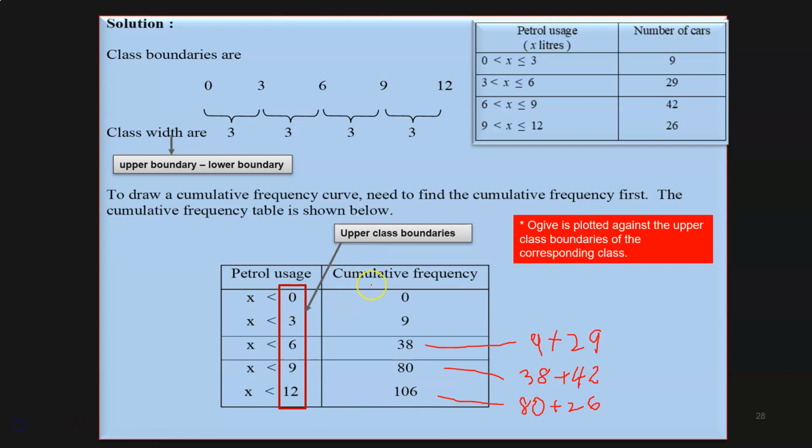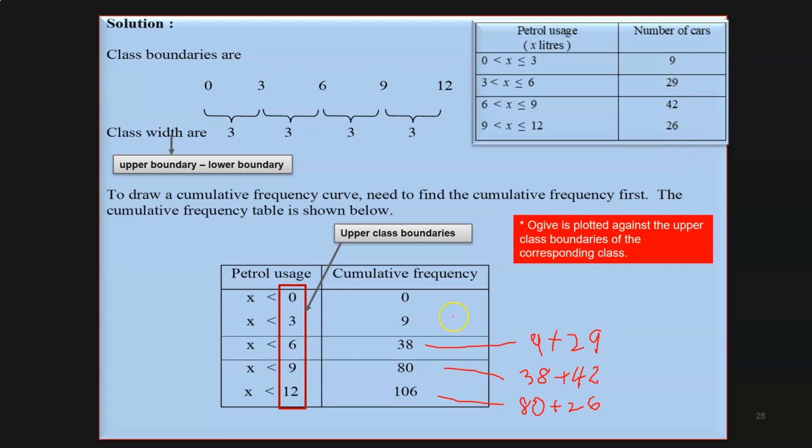Okay, itu yang dimaksudkan dengan cumulative frequency. Frekuensi terkumpul. Maksudnya cumulative frequency maksudnya frekuensi yang terkumpul. You tambahkan dia dengan frekuensi yang kelas sebelumnya. Contoh macam ni kan. You have 9 plus 29. Then 29 plus 42.